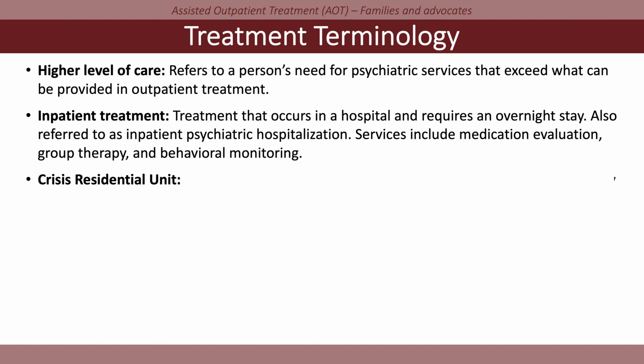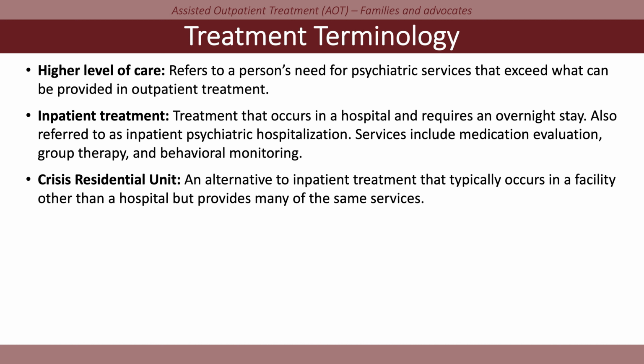Crisis residential unit is an alternative to inpatient treatment that typically occurs in a facility other than a hospital while providing many of the same services. Now, crisis residential units very often are actual homes where an individual is going to receive the same type of medication assistance, interventions such as group therapy, but less of the behavioral monitoring than they would receive in an inpatient setting.